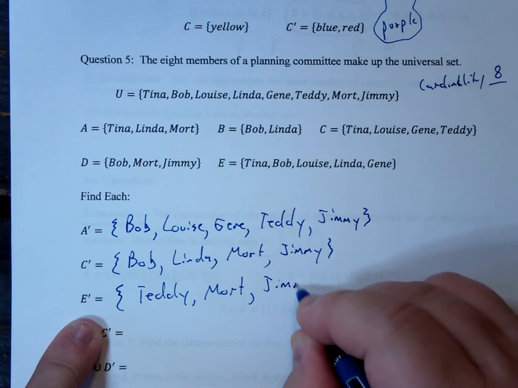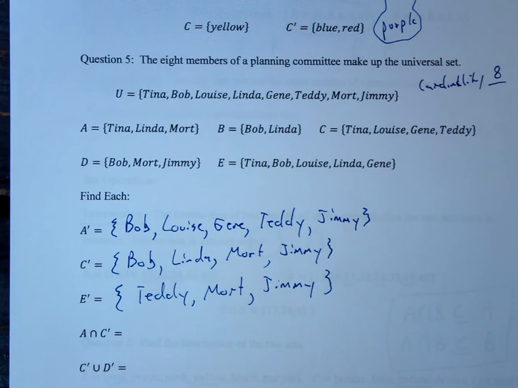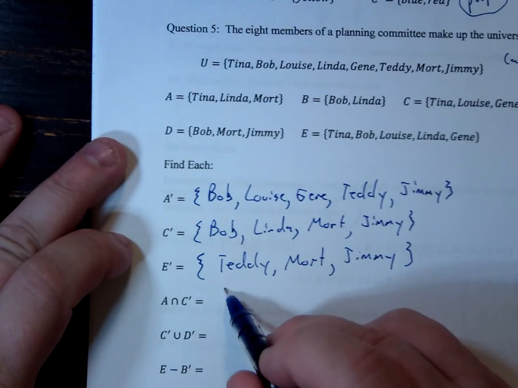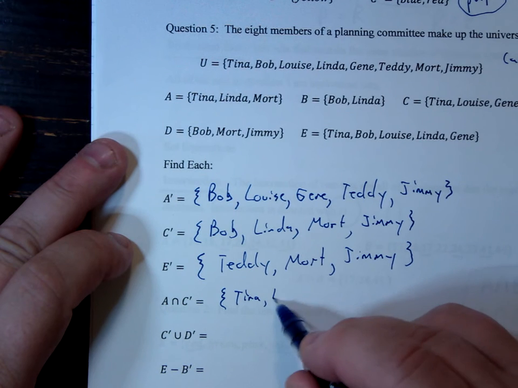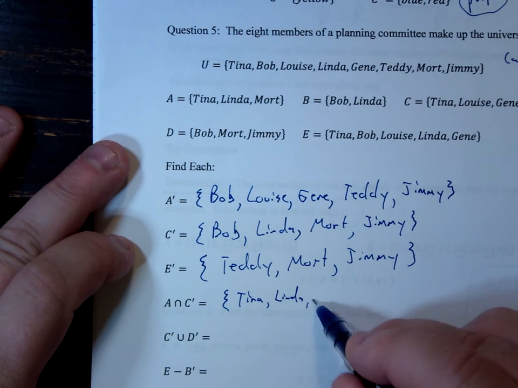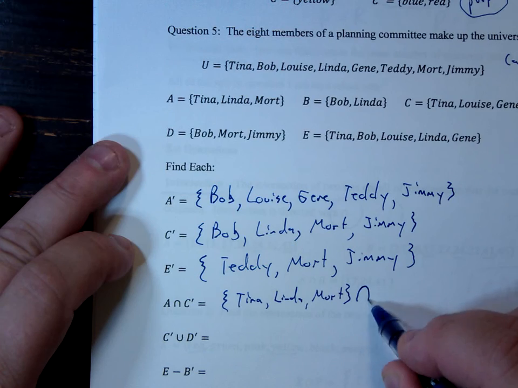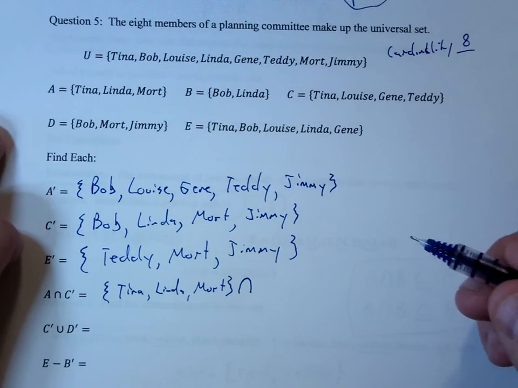All right. So then when you start doing some of the unions and intersections with the primes, I would write them out. So A is Tina, Linda, Mort, and I'm going to intersect that with C prime.